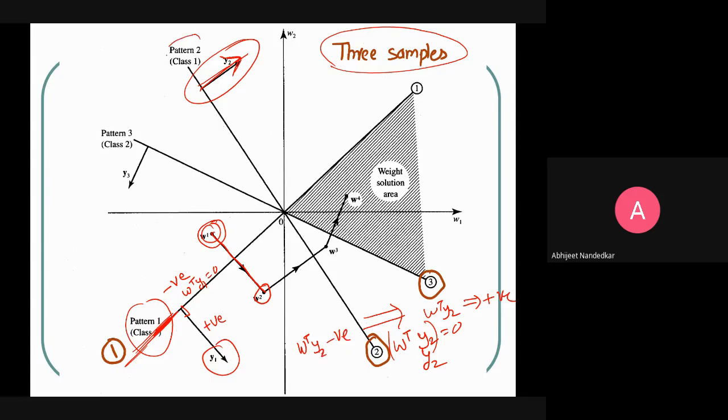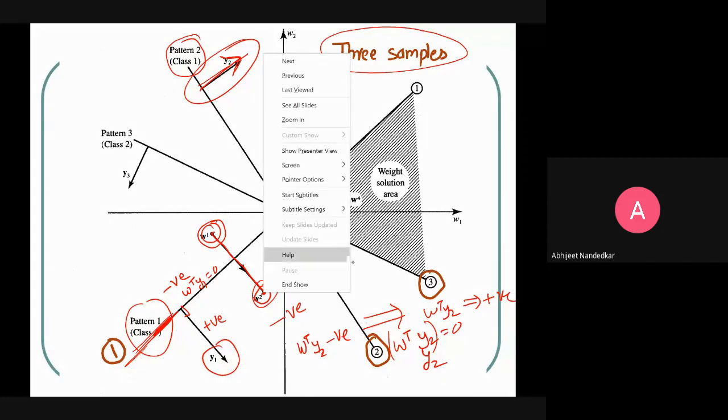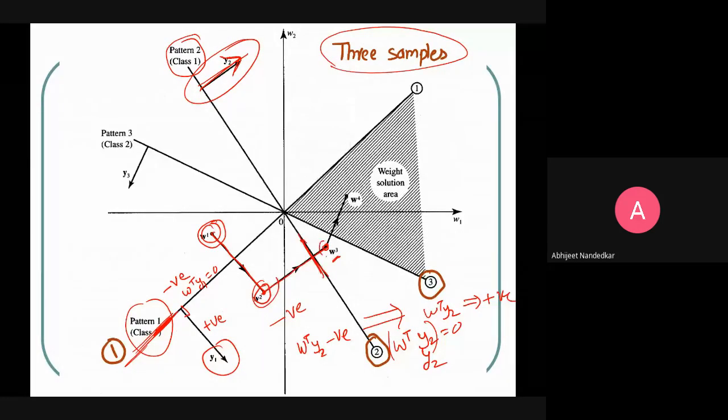Since my input is class 1, I have negative output here. My weights are below this line. So I should travel in this direction so as to make my output positive. So if I keep my weights here, then this Y2 is satisfied.